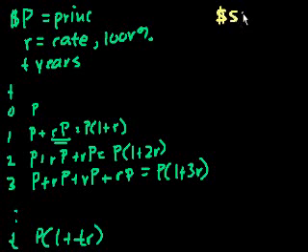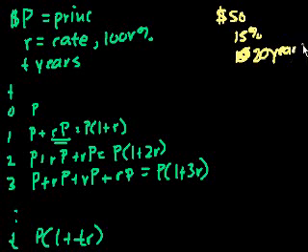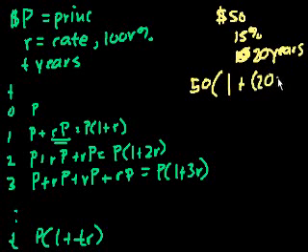If I were to borrow $50 at 15% simple interest for, let's say, 20 years, at the end of the 20 years, I would owe $50 times 1 plus the time, 20 times 0.15, right?